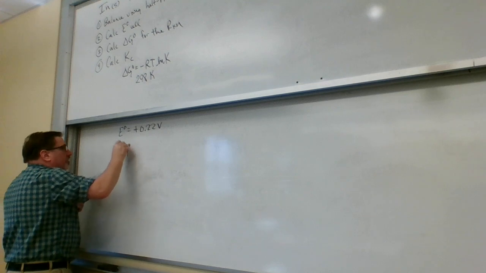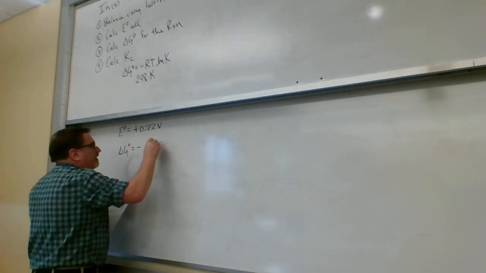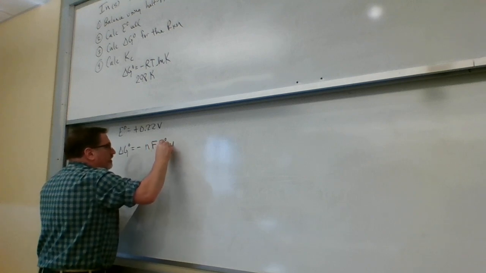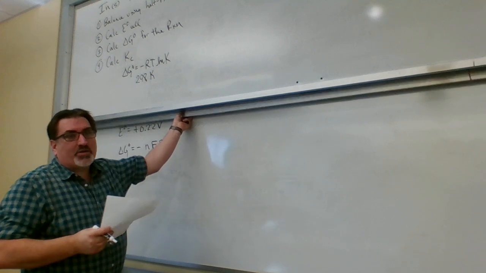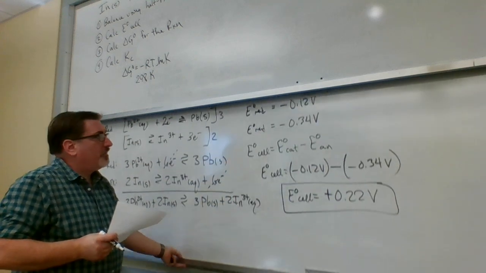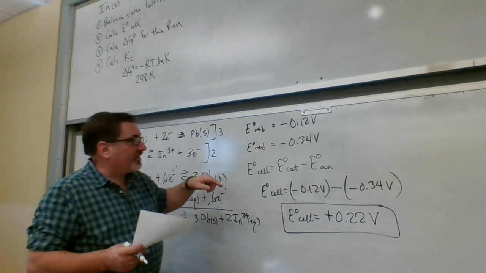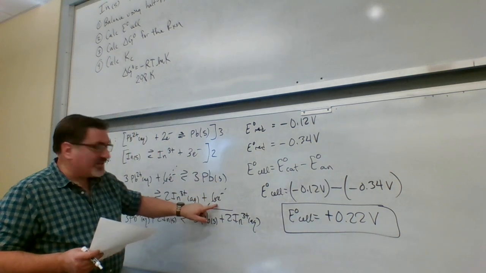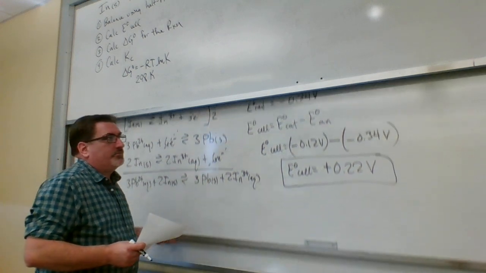Delta G0 is equal to minus nFE0 for the cell. So we have to know how many electrons there were in the process. It's not a 2 or a 3. n in our calculation we're about to do is 6. It's 6 electrons in the balanced reaction.